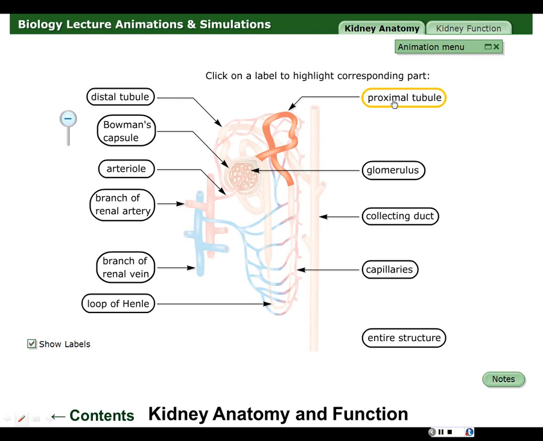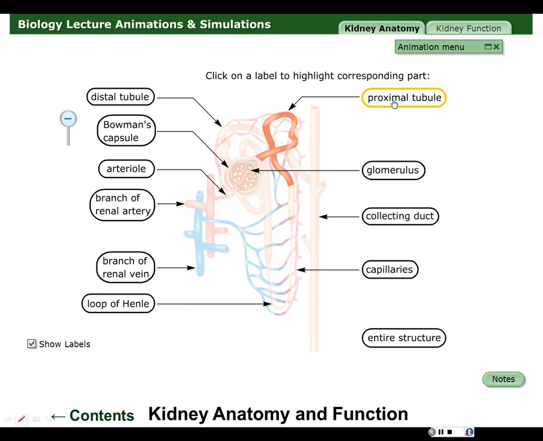After the proximal convoluted tubule, the filtrate will enter into an area called the what? Collectively, the whole thing is called the loop of something, the Henle, which has two ends. One end is called the A or D, okay, so ascending or descending limb.